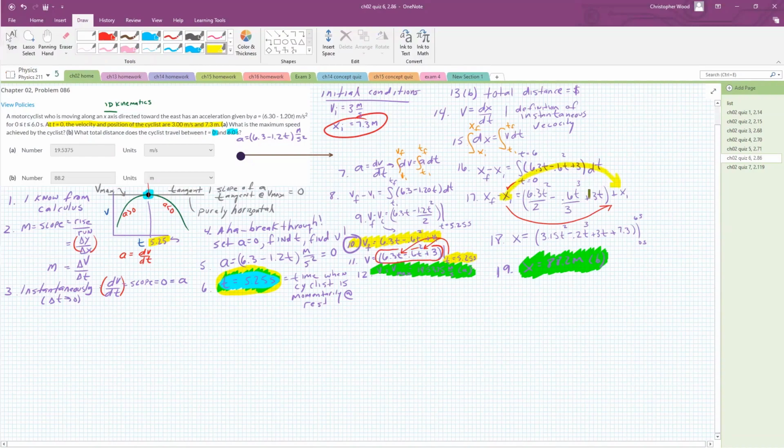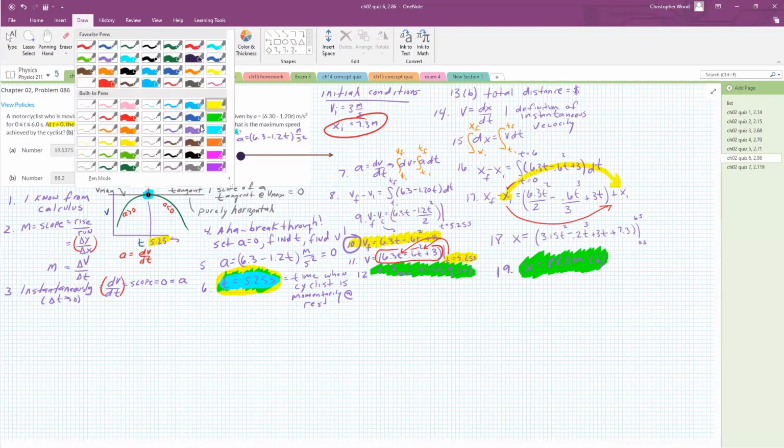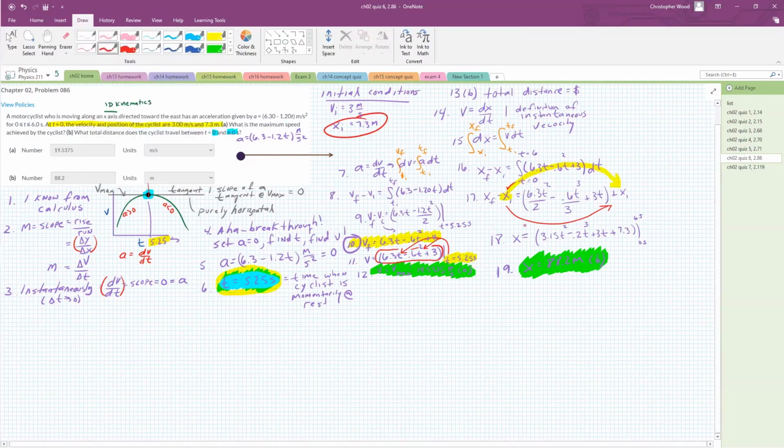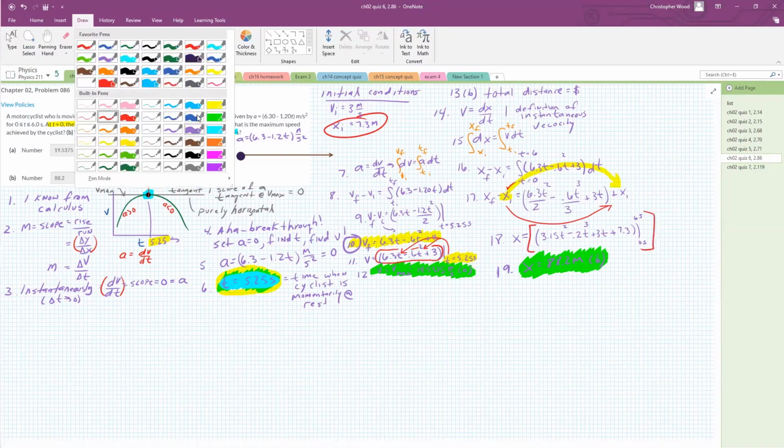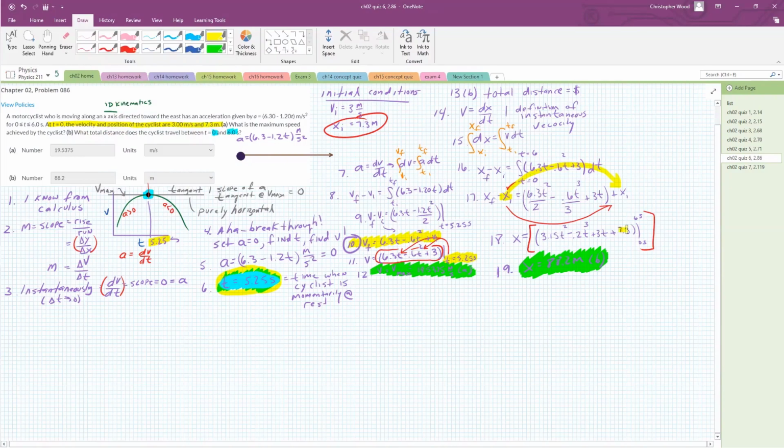And then once I do that, I evaluate this whole expression. This whole expression includes this term, which is the initial position of the motorcyclist. So I kind of have to do it this way. I'm not sure how or why you would get the right answer if you did it any other way.